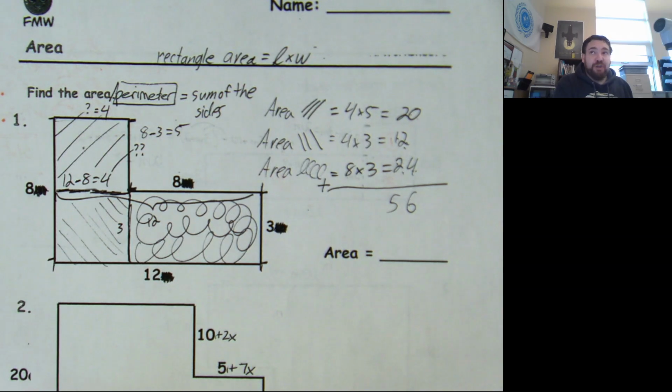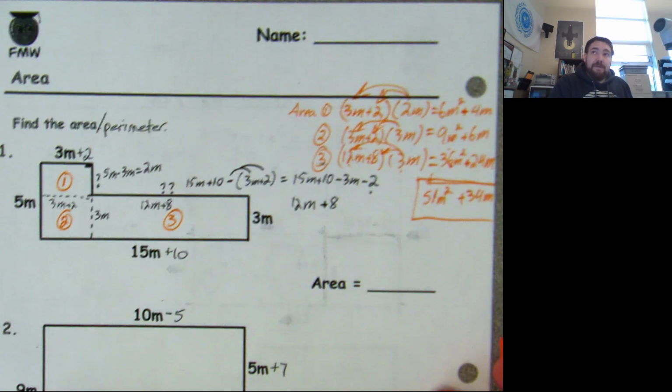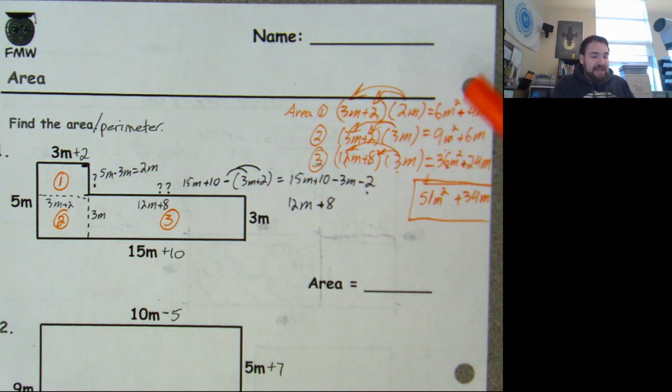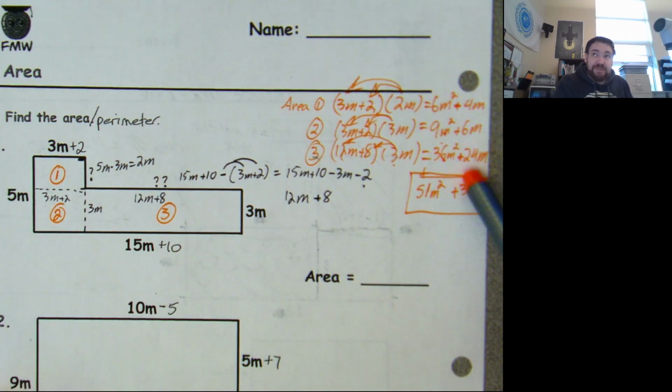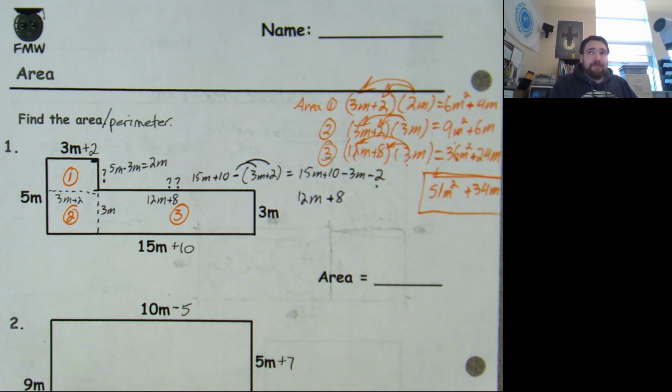Find a way that works for you to organize your thoughts. Keep things that belong together. I stacked my like terms so I didn't lose anything. What I'm continually trying to do is model ways for you guys to approach problems like this. And that's it.